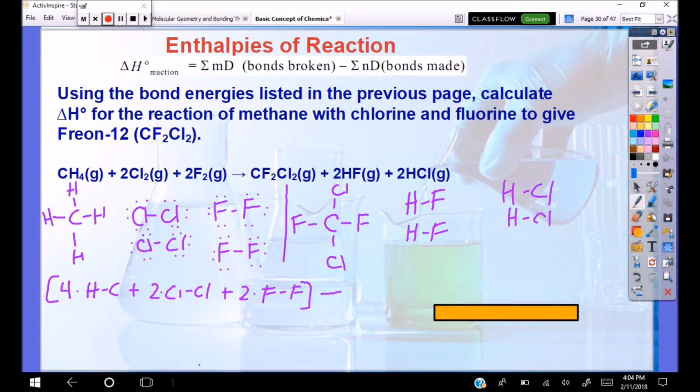Okay, and then from that I'm going to subtract the 2 carbon-fluorine bonds, the 2 times carbon-chlorine bonds, the 2 times the HF bond, and the 2 times HCl bond.